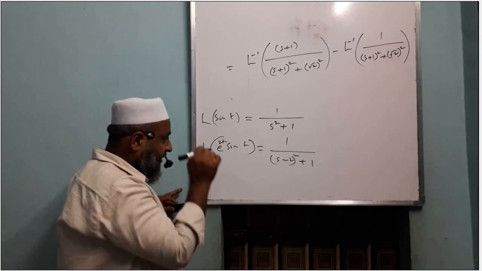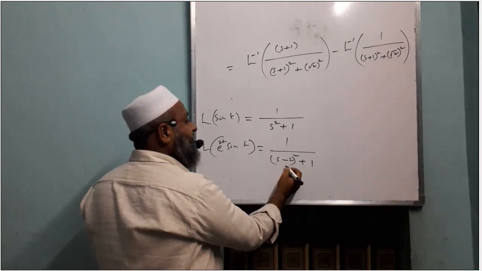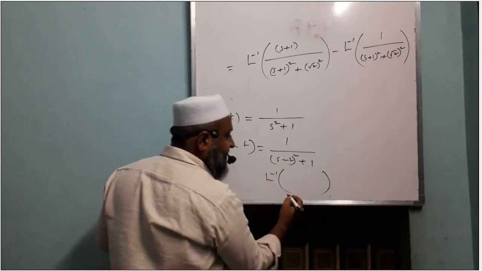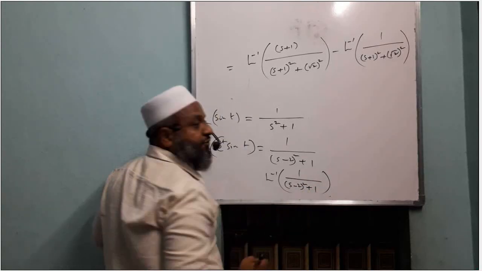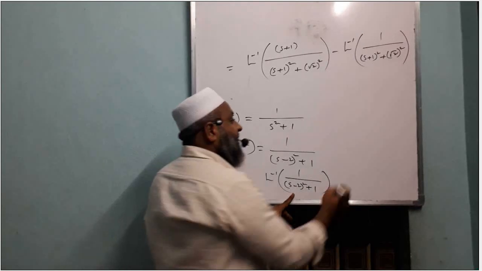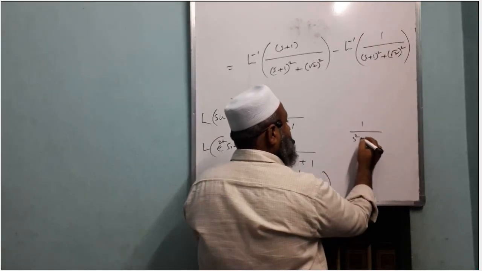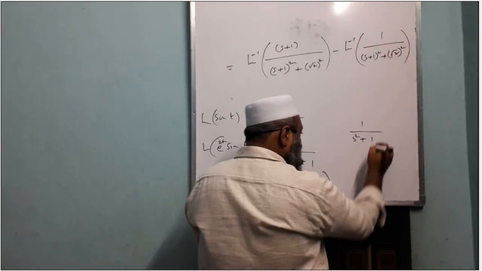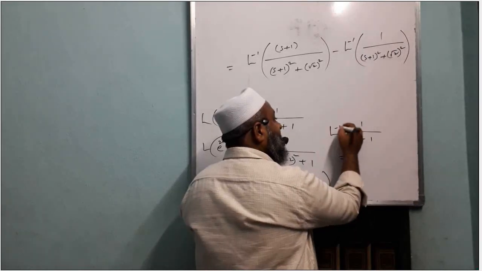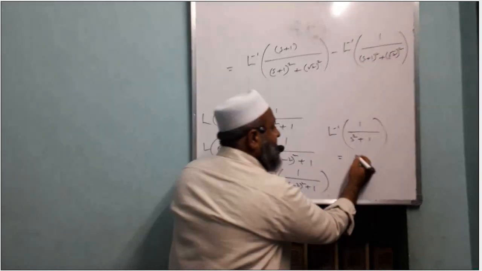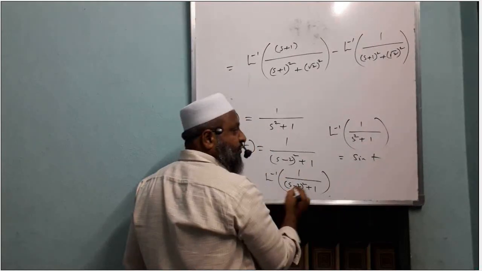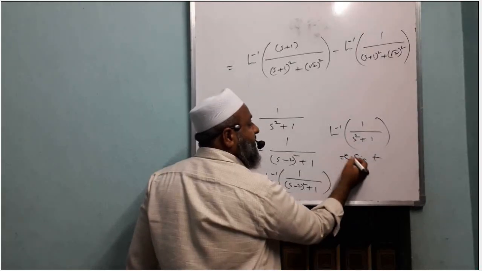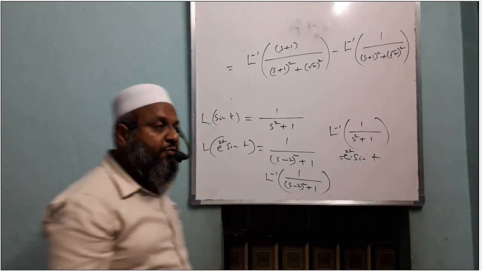Now if we want the inverse of this, we treat it as just 1 by (s square plus 1). You first write the inverse for this one, which is sin t, but because s is s minus 2, you multiply this with e to the power of 2t. I hope you understood.